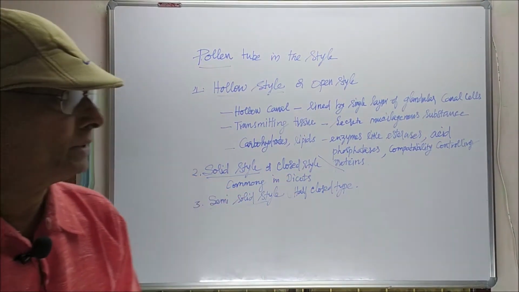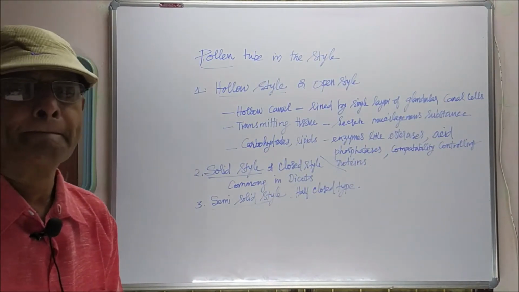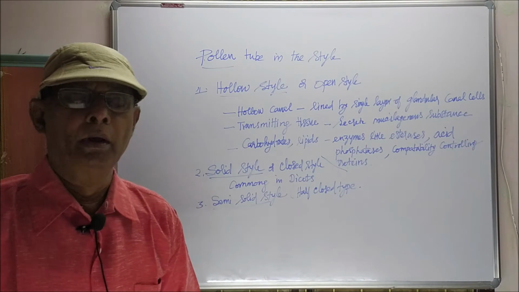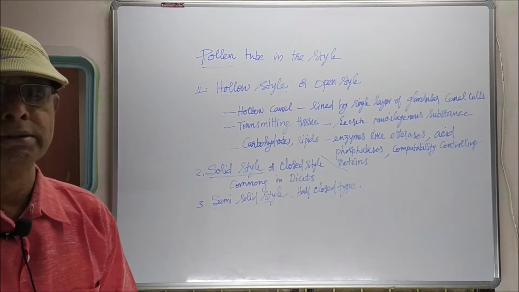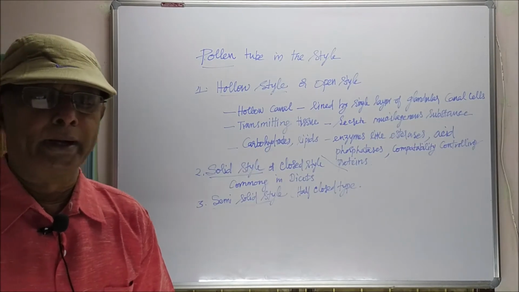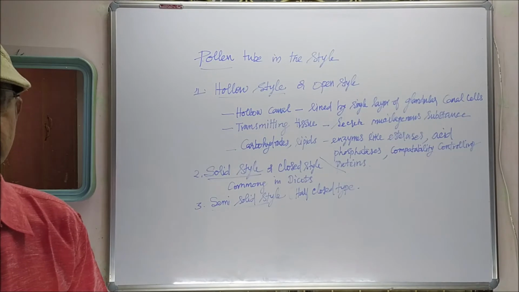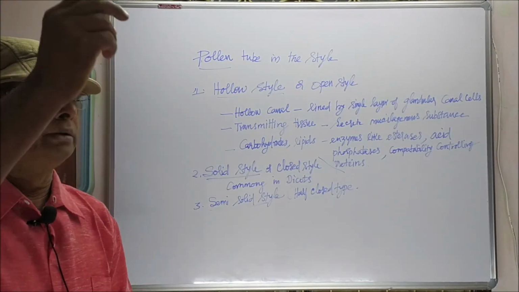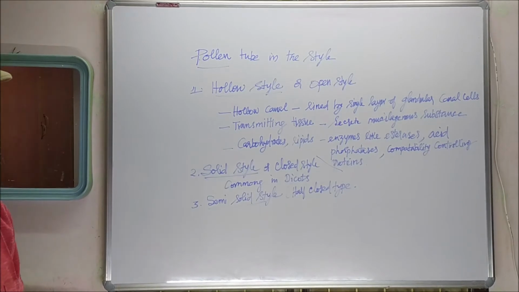Right, now we'll see about the pollen tube in the style. As soon as the pollen grain reaches the stigma, it germinates and forms a pollen tube. The pollen tube grows through the style.